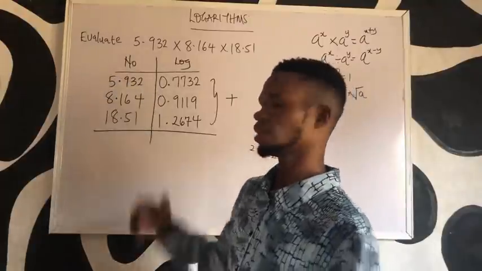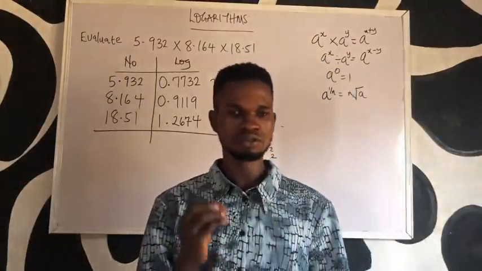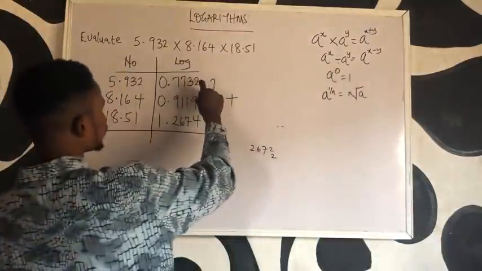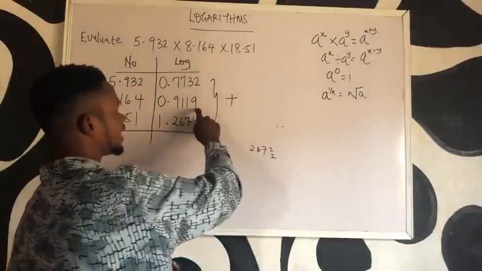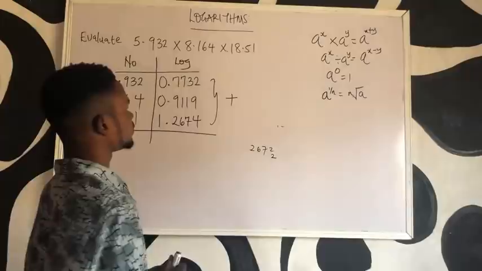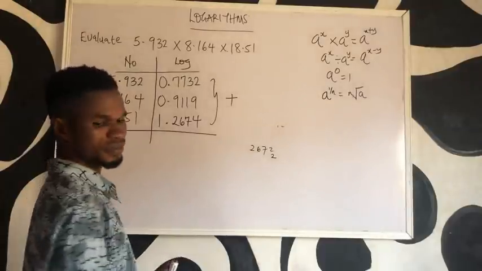the logarithm of the numbers. You can just use the calculator to check if you are correct or not. So 2 plus 9, 11 plus 4, that's 15.